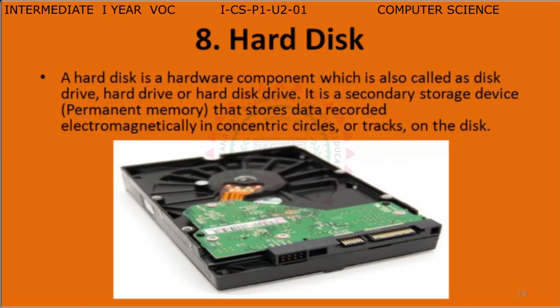A hard disk is a hardware component which is also called disk drive, hard drive, or hard disk drive. It is the secondary storage device that stores data recorded electromagnetically in concentric circles or tracks on the disk.